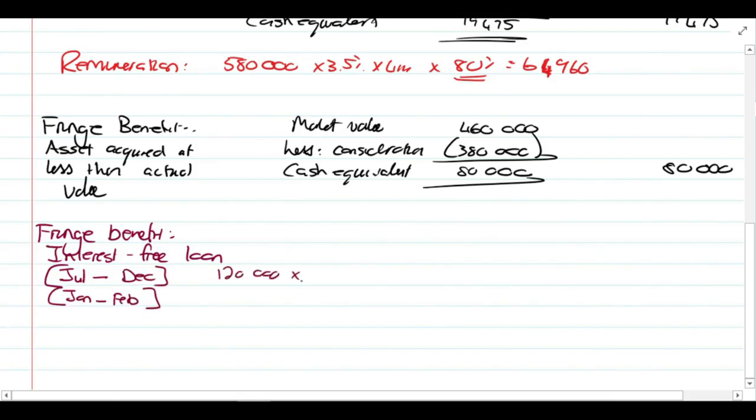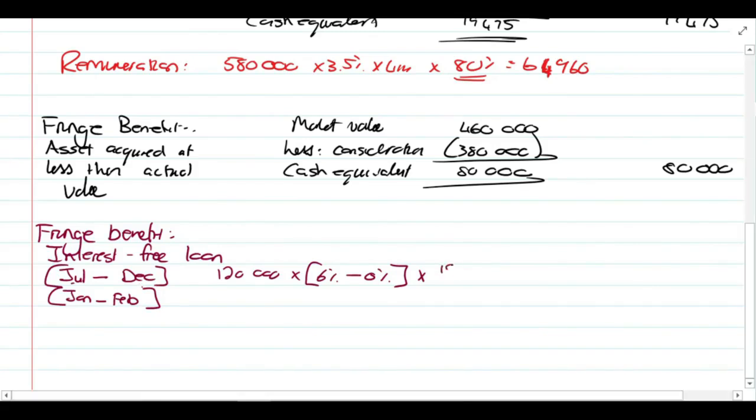So it's 120,000 times 6% minus 0%. That calculates the interest that we got for free, which is the whole 6%. And now we have to work out the amount of days. So July 31, August 31, September 30, October 31, November 30, December 31. That gives us the days.